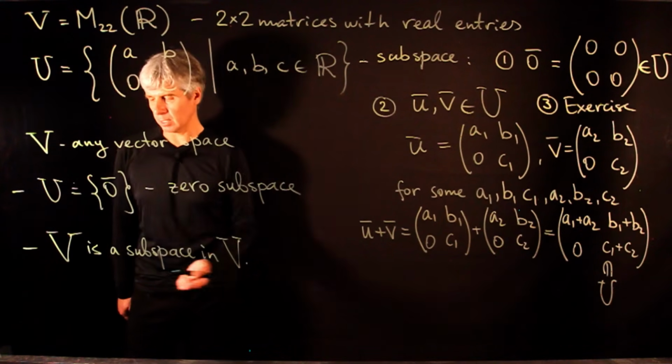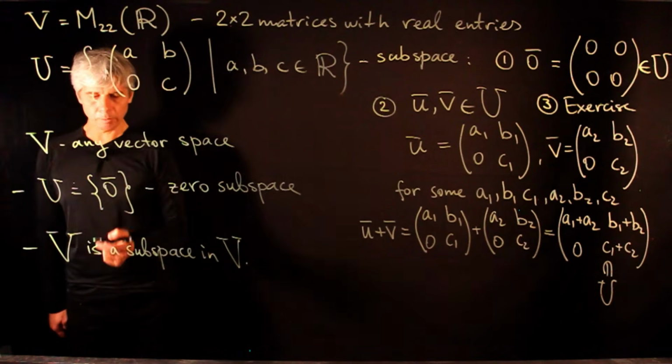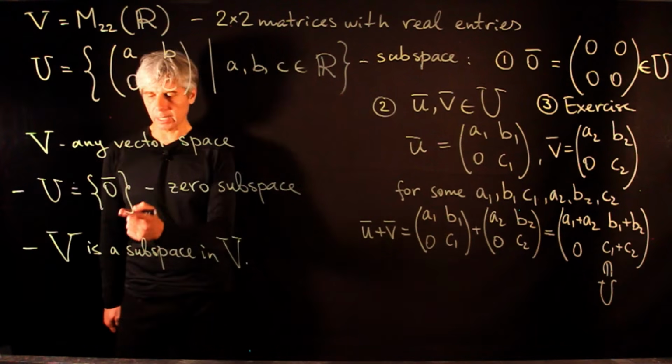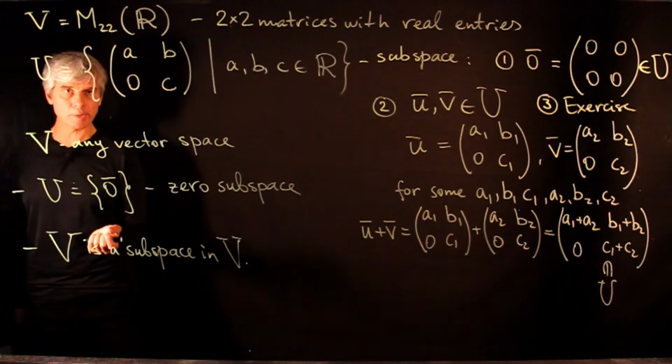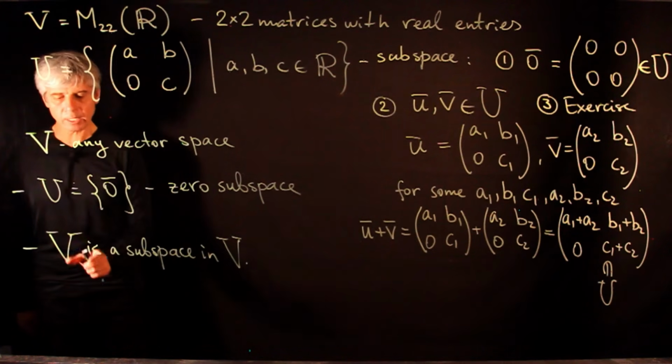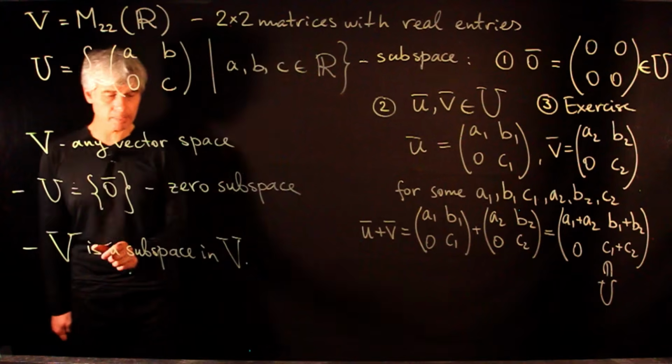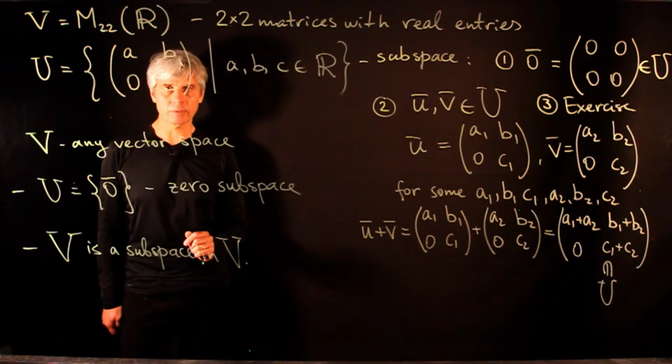So these are two extreme examples of subspaces. We can take the smallest possible subspace, which consists of a zero vector, and the largest possible subspace, which is the vector space itself.